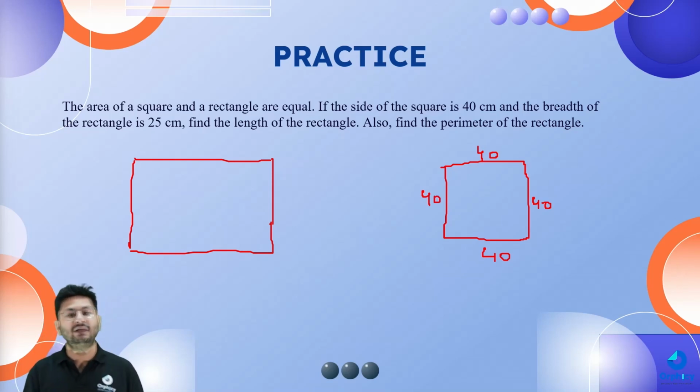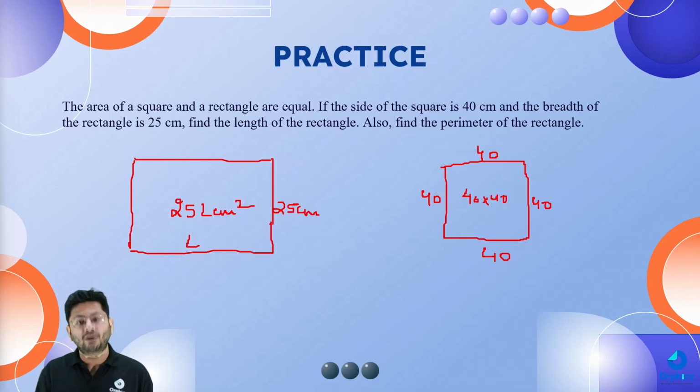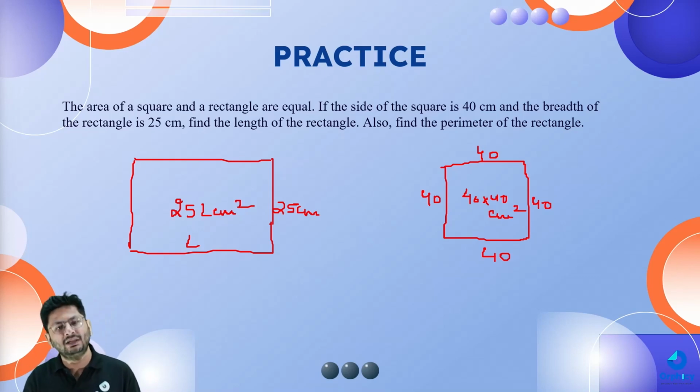So if the side of the square is 40 and the breadth of the rectangle is 25, ब्रेथ है 25 सेंटीमीटर की, so we have to find out what is the length of the rectangle. First of all let's assume that length of the rectangle is L. तो एरिया ऑफ रेक्टेंगल कितना होगा, length into breadth, so I would say 25L centimeter square, इतना एरिया होने वाला है. Similarly area of square कितना होना चाहिए, side into side, 40 into 40 centimeter square. So can I say that both the areas should be equal because it is given in the question कि rectangle और square का area बराबर है.